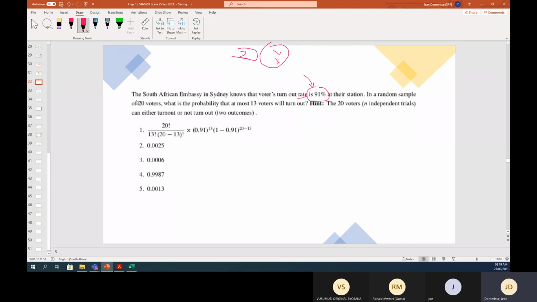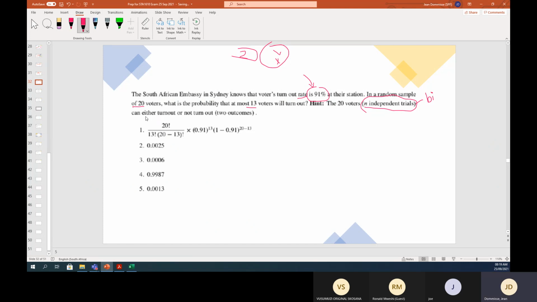So in a random sample of 20, so there they give me a bit more information. What is the probability that at most 13 voters would turn out? Hint, the 20 voters in independent trials. So that already also tells me it's binomial.